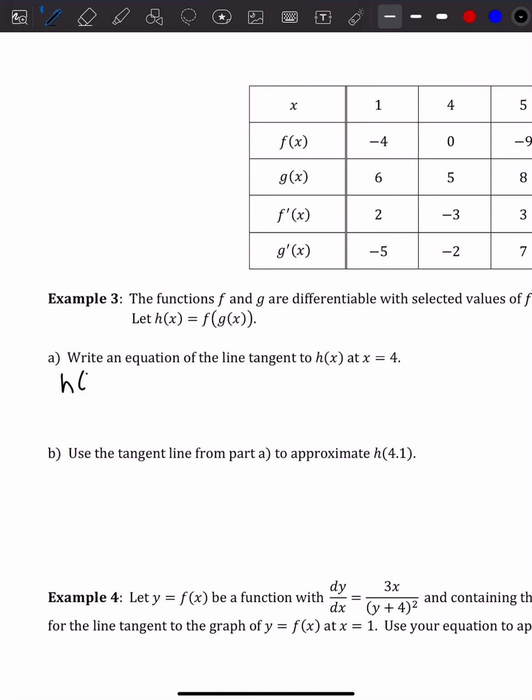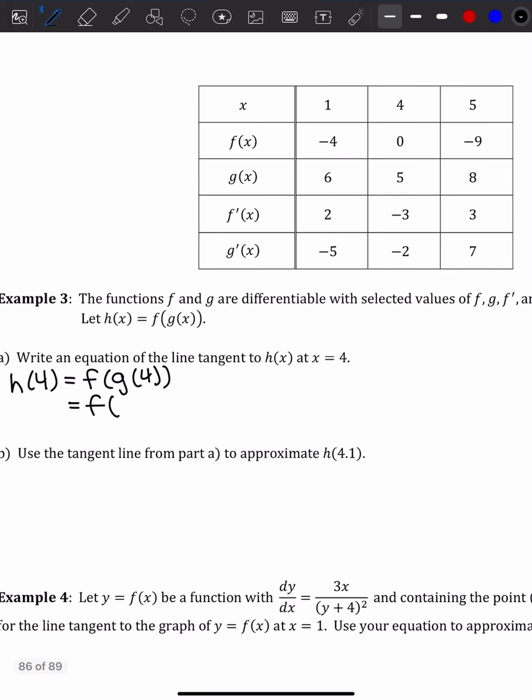So h of 4, which would be f of g of 4. So g of 4 would be 5. F of 5, if we look at our table, gives us -9. So our point is going to be 4, -9.